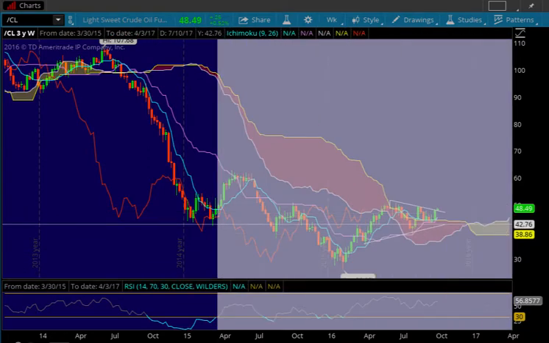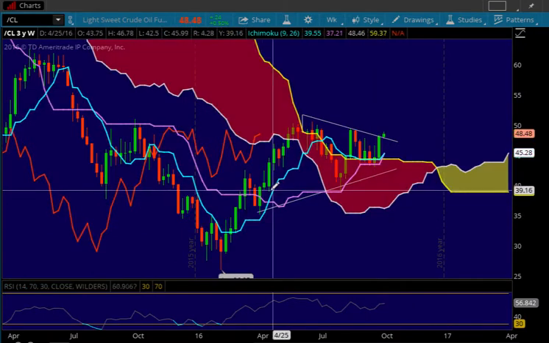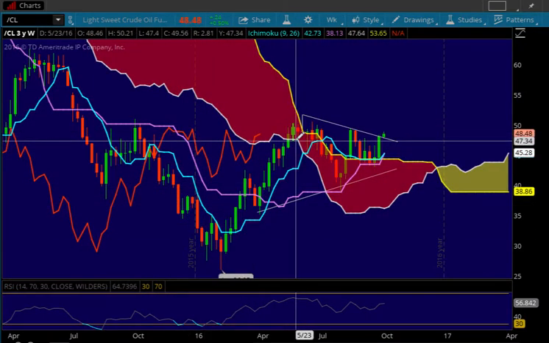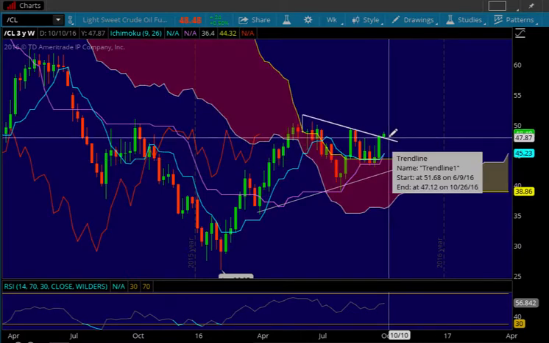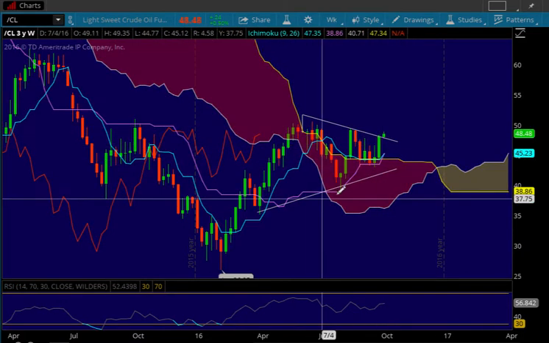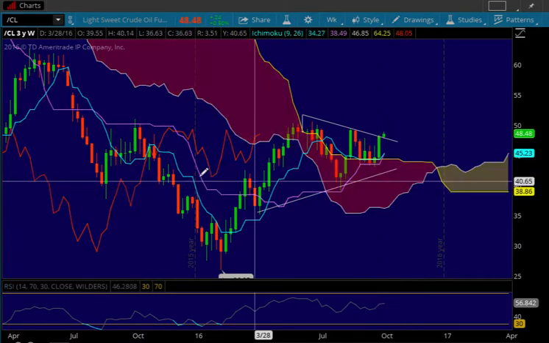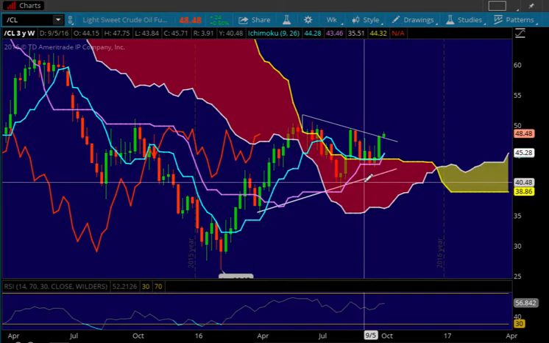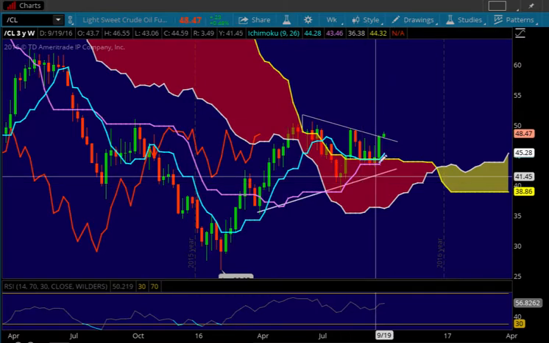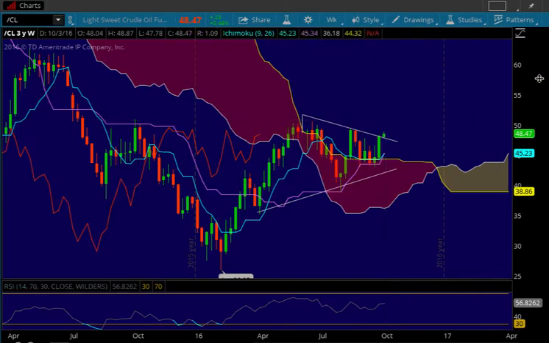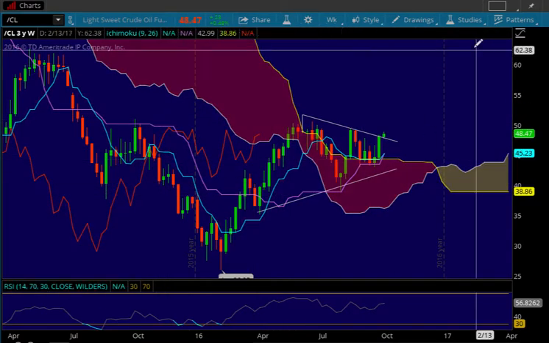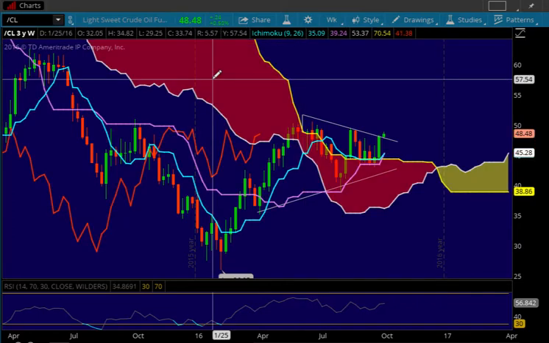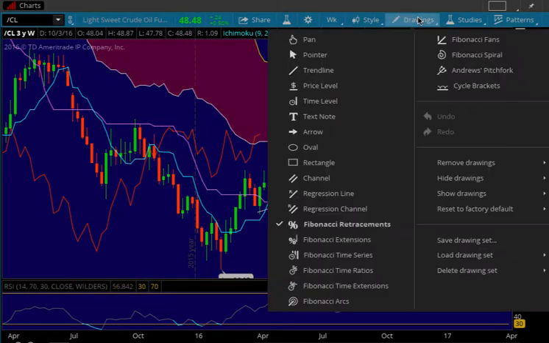If we zoom in, we see that Crude did make the transition from being bearish under the cloud to being above the cloud. So unless it loses this inverse shoulder area, around 40, I'm going to stick with the thesis that this is a reversal pattern forming here. It's tricky to figure out where to draw the neckline because it's not real obvious.